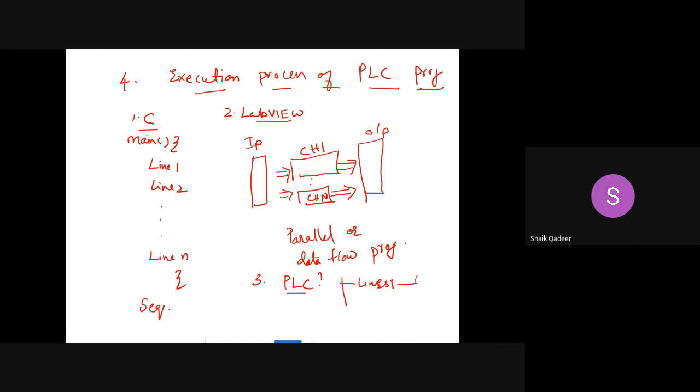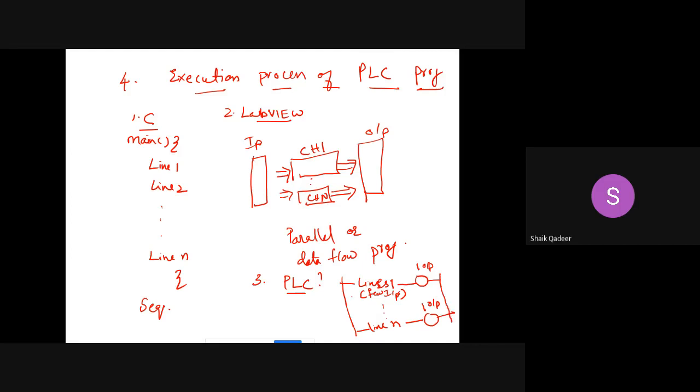And so on up to line n, which also contains one output.